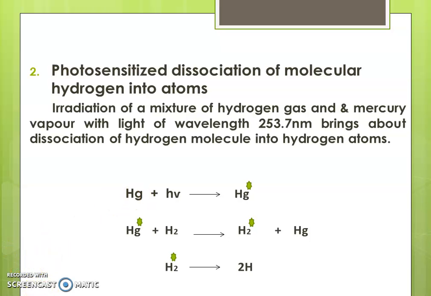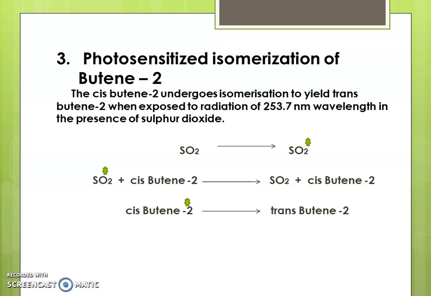Next we are discussing a third example, that is the photosensitized isomerization of 2-butene. Isomerization means that cis-2-butene is converted into trans-2-butene. Okay. That is SO2.